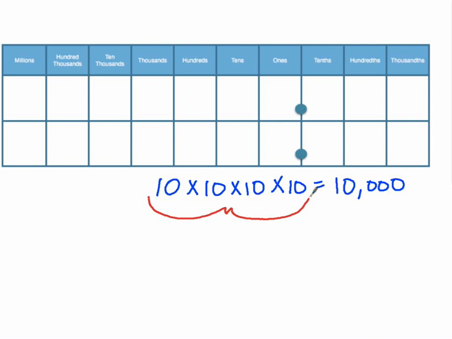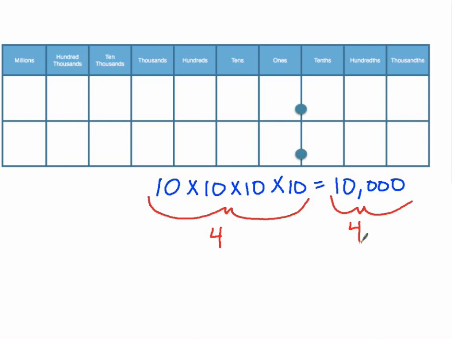How many times did we have to multiply 10 to get to 10,000? 4 times. How many zeros are in 10,000? 4.